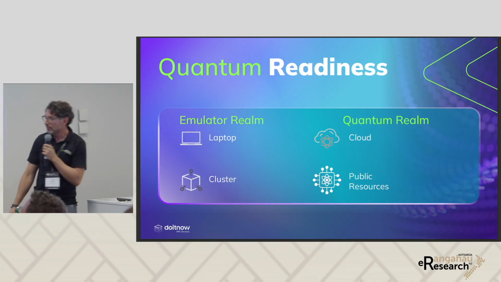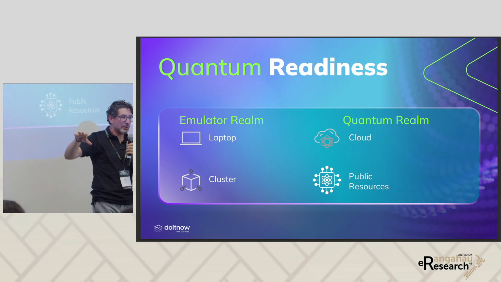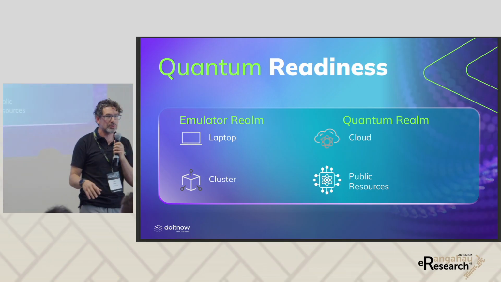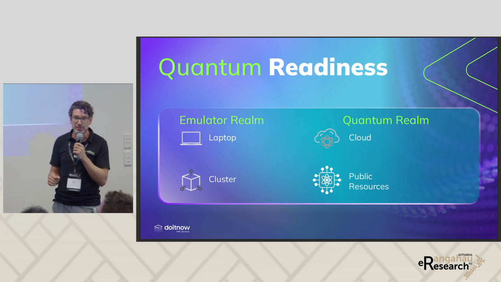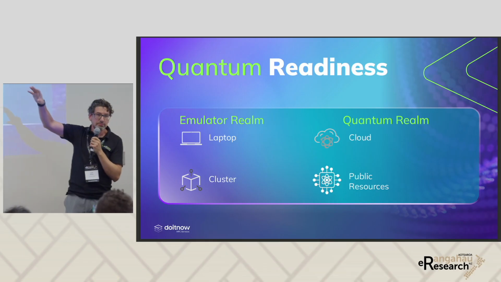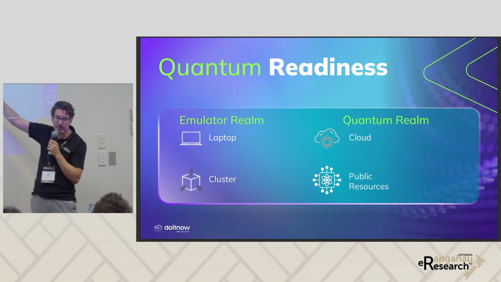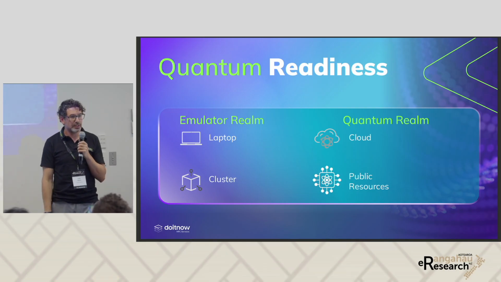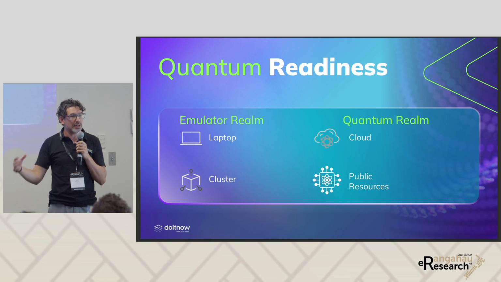Basically, working in the emulator realm, you don't need a fancy quantum computer. You can use your own laptop or a supercomputing center with a lot of GPUs, and you can use an emulator. Otherwise, you can go to the cloud, AWS Braket or any other. There are a lot of quantum computer companies offering access and a cloud-like service.